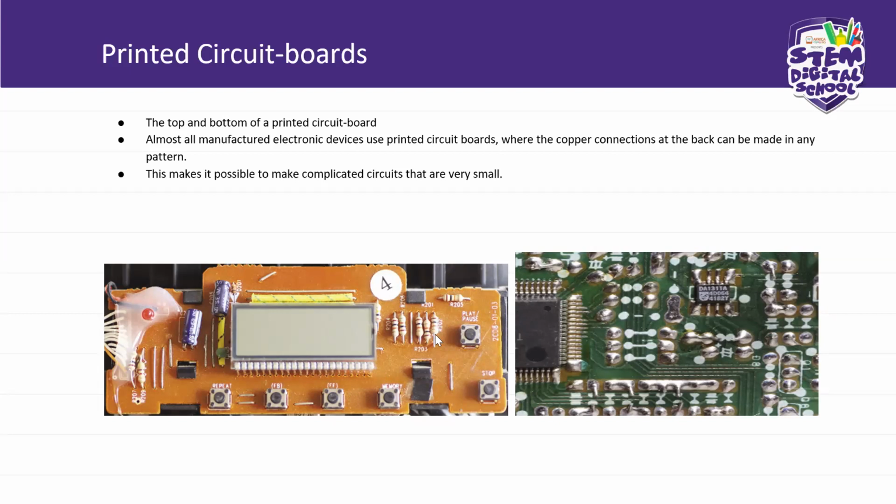So on top, these components are connected. Under, they are soldered. Why are they soldered? They are soldered to make the circuit firm so that they don't lose connection. It is a printed circuit board. Okay?